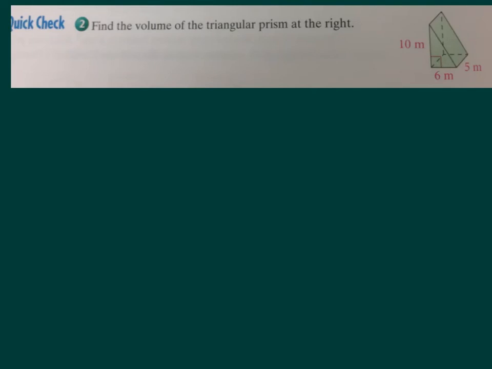Okay, quick check number 2 says find the volume of this triangular prism. Please pause the video while you try to figure this out.